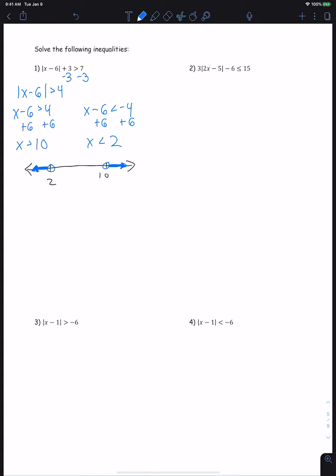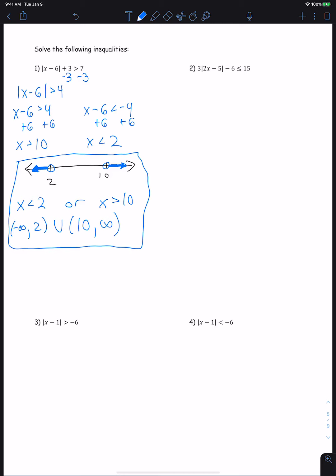This would be an OR inequality, so you could say x is less than 2 or x is greater than 10. Another way you could put the answer, instead of number line or inequality notation, you could use interval notation. So that would be from negative infinity to 2, close parentheses, in union with 10 to infinity, close parentheses. Any of these three are completely okay.